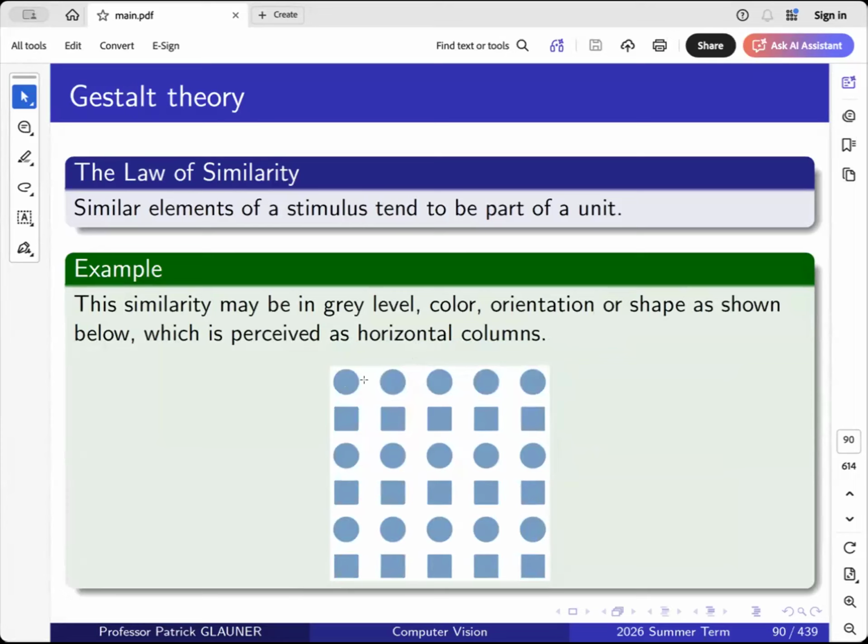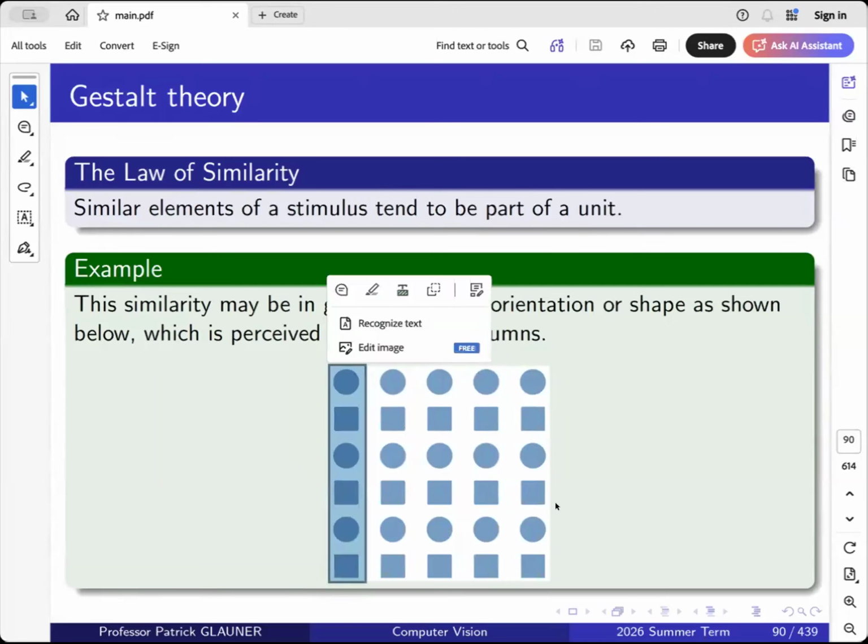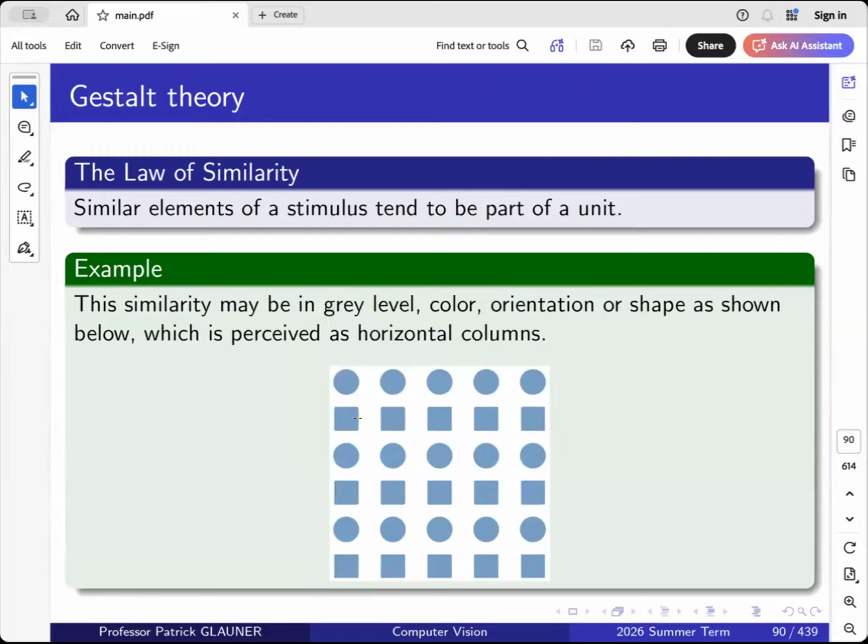So we would rather assume to group them based on their shape rather than building groups here in the column. If you also think you would more intuitively build the units here in a row, clustering the ones that have the same shape, maybe send us also a thumbs up.